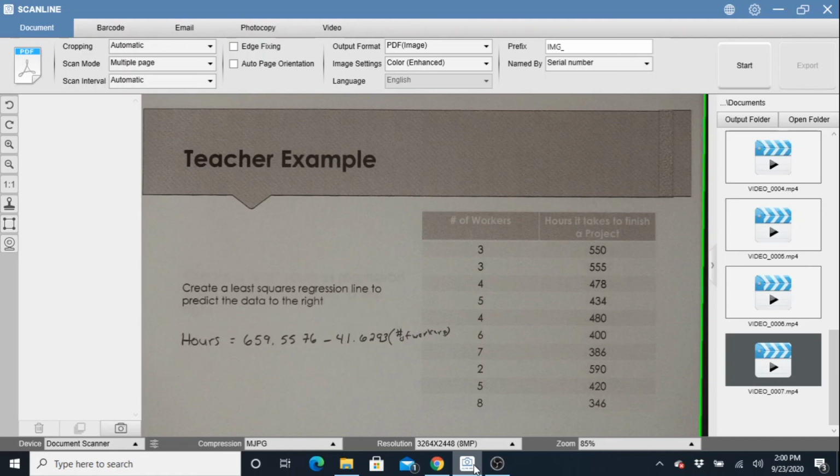However, for StatCrunch, it's doing y equals b plus mx. I don't know why, but that's just what it does. Can't do anything about it. So you have your y variable, which we already said: y is our response, x is our explanatory. And then we have our y-intercept, which is this. And we have our slope, which is this. And we're going to point those out in a couple of seconds.